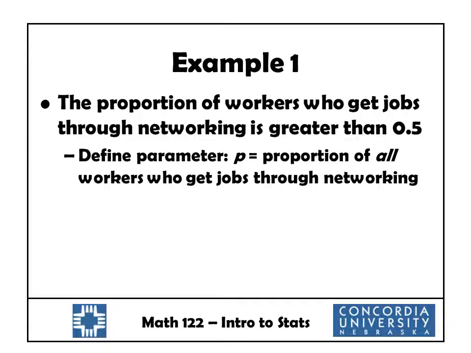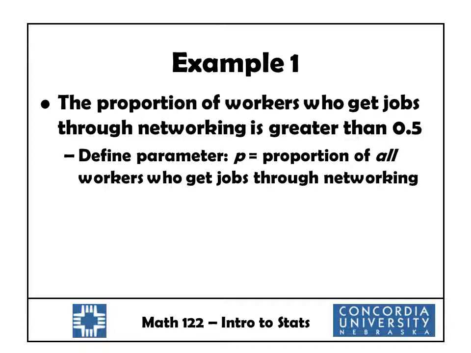In this case, we're making a claim about the proportion of all workers who get their jobs through networking. So our parameter is P. It equals the proportion of all workers who get their jobs through networking. And we stress the word all there because we are making a claim about the population of all workers, not just the 703 that appear in our sample.